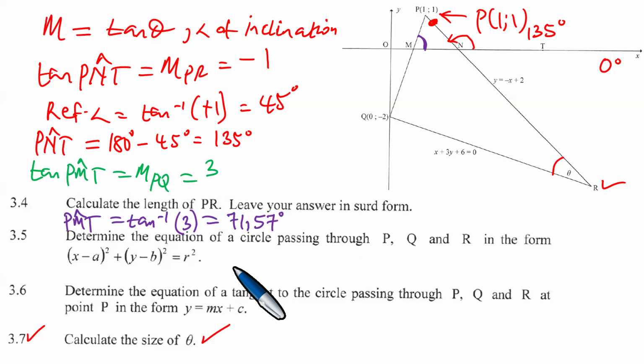So we continue. This gives us exactly this angle of 71,57 degrees, meaning the angle PMT is equal to 71,57 degrees.